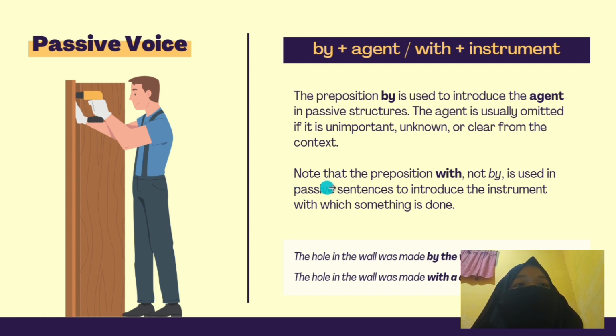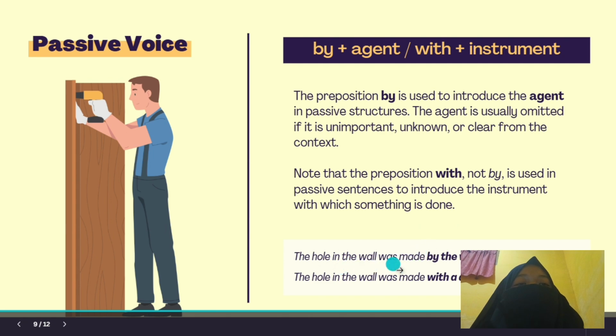Note that the preposition with, not by, is used in passive sentences to introduce the instrument with which something is done. The hole in the wall was made by the workers. The hole in the wall was made with a drill.